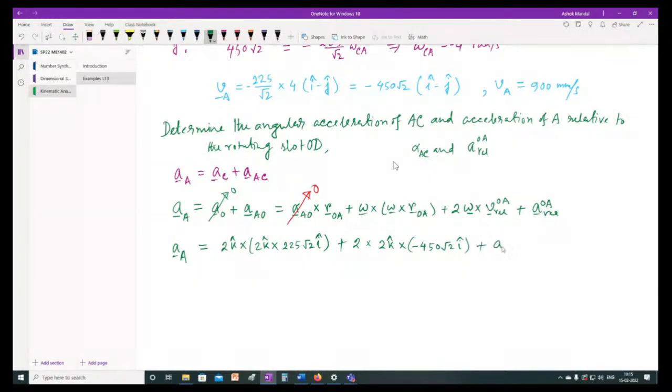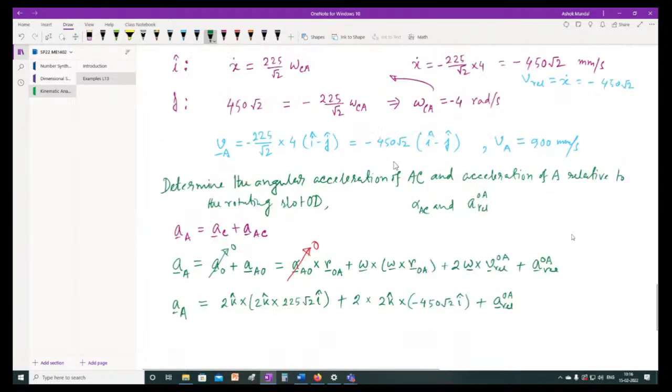Plus A relative. This we need to find out. In this case also, again, this relative acceleration of point A is in which direction? I direction. So let us write this as x double dot.